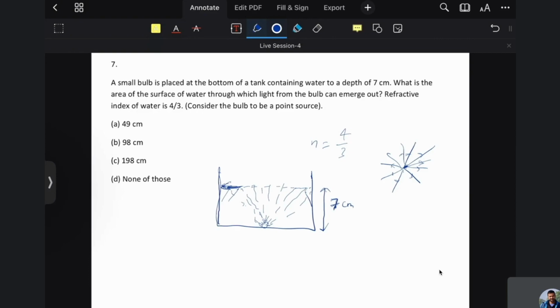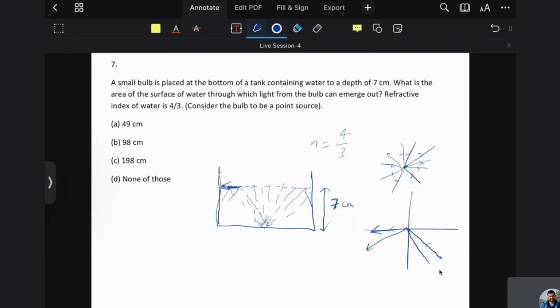So total internal reflection: suppose this light is coming here, at some critical angle it will go along the interface itself. If you increase the angle more, then they will be totally internally reflected.